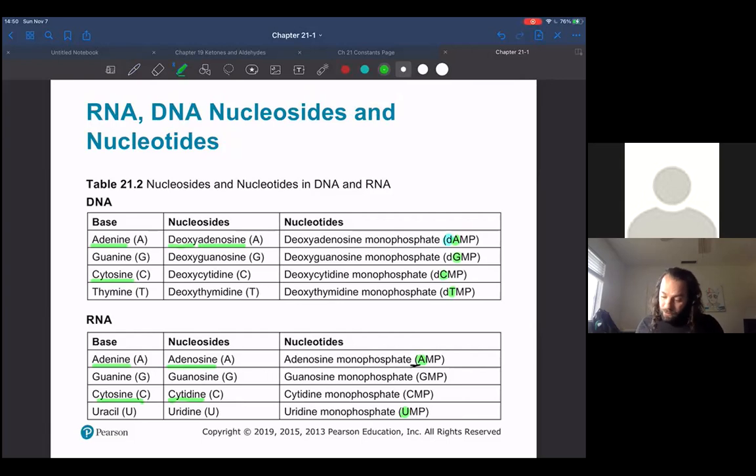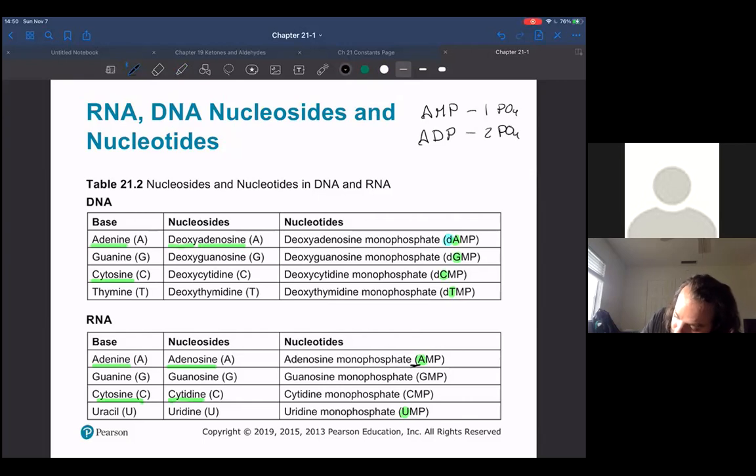So there's AMP, which has 1 phosphate, PO4, there's ADP, which has 2 phosphate groups, the di, and then ATP, or triphosphate, that has 3 phosphate groups. Being able to recognize that middle letter represents how many phosphate groups there are, and they always end in P.